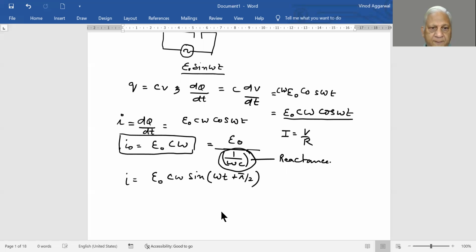Which means that current is leading voltage by pi by 2.